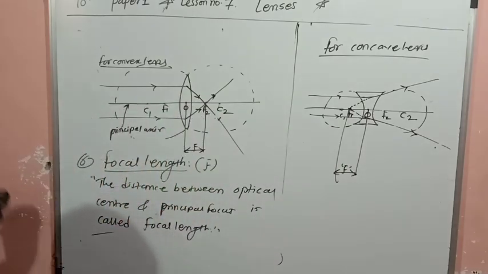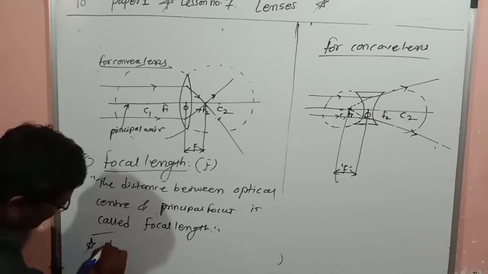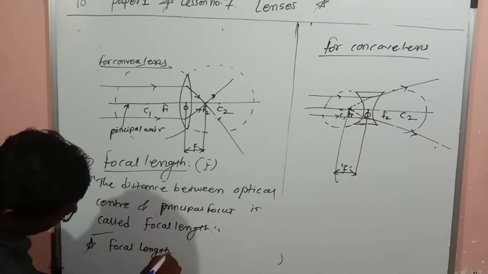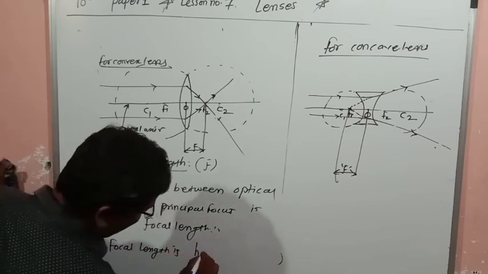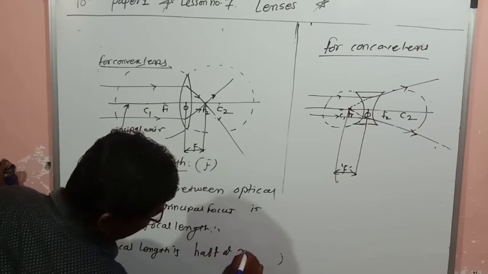And one thing you have to remember, the most important thing, is that focal length is half of the radius of curvature.